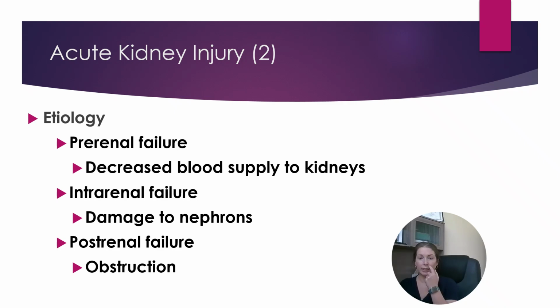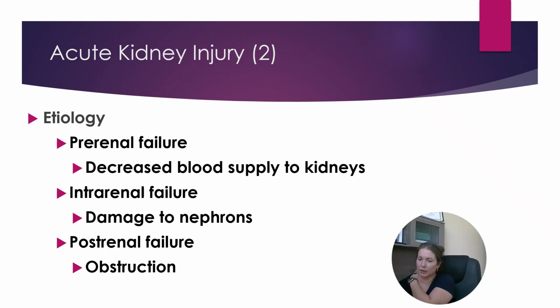A situation where our kidneys are usually normal, but then once they start to get underperfused, we start to go down the road to acute kidney injury. Intrarenal, this is whenever we have a direct damage to the kidney tissues, our nephrons, tubules, our glomeruli. Examples of this can be from nephrotoxic drugs, toxins, ischemia, rhabdomyolysis, and then glomerulonephritis.